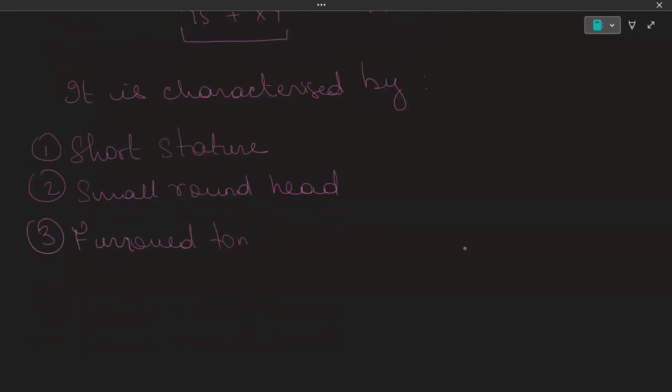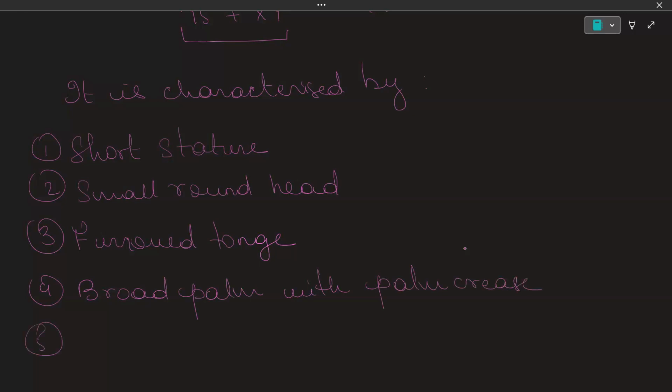Broad palm with many palm creases. Another way to characterize is a big wrinkled tongue.